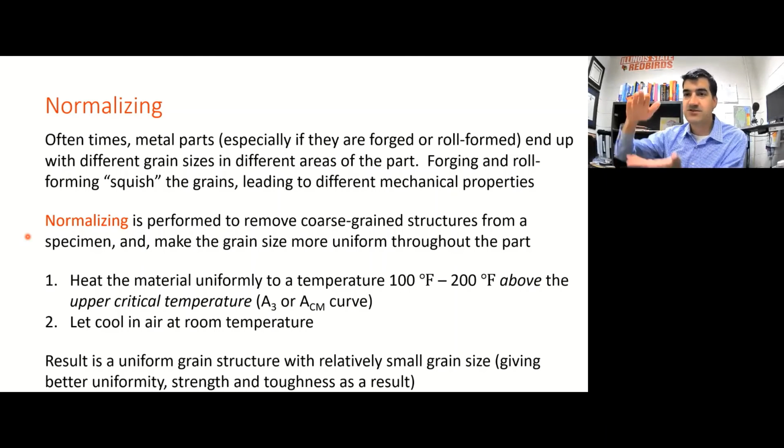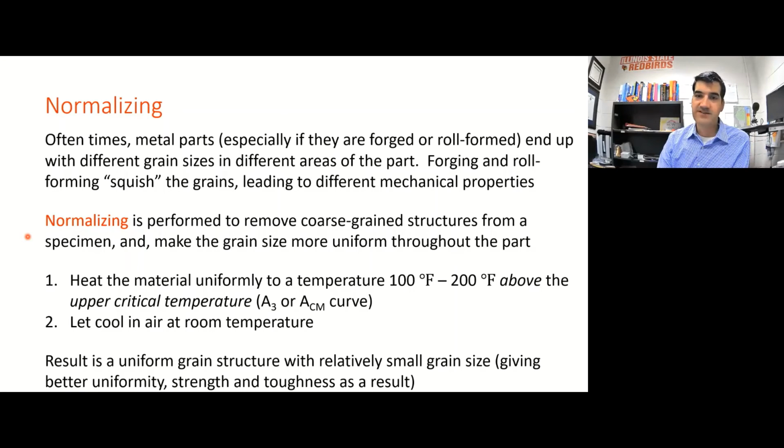So your grains are squished and have different dimensions in one orientation than in another, and that affects the mechanical properties of the part. If you want to make the grains uniform again and make them a standard size, that's when you would apply the normalizing heat treatment process.